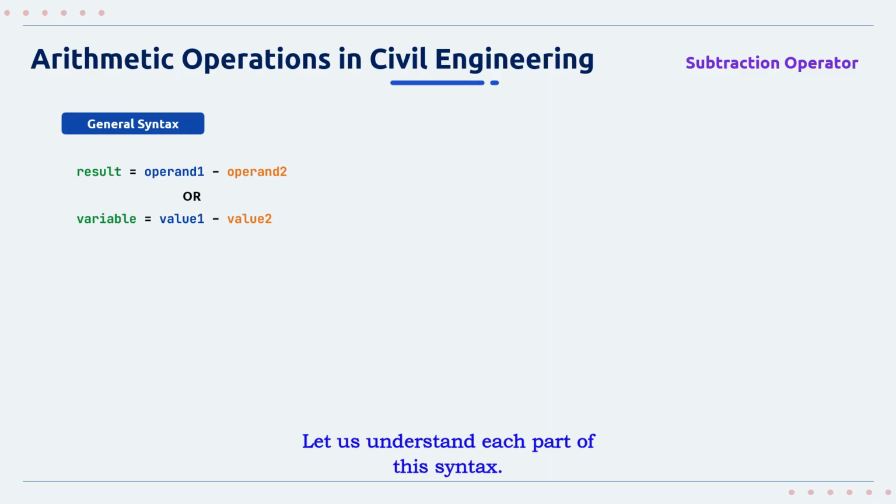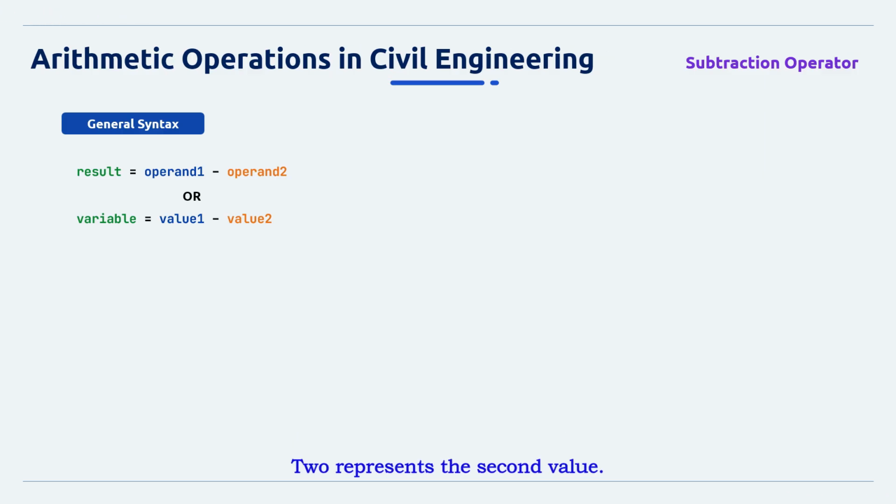Let us understand each part of this syntax. Operand 1 represents the first value, operand 2 represents the second value. The minus symbol is the subtraction operator that subtracts the second operand from the first operand.